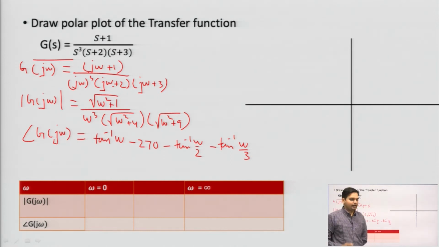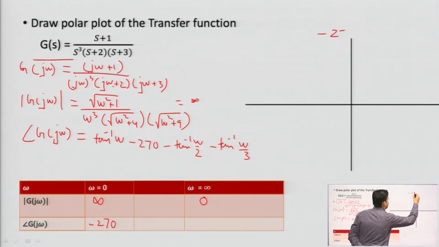Okay. So, again same operation, put 0 and infinity for mod and phase. When I put omega equal to 0 here, my mod would be infinity. When I put infinity, my magnitude would be 0. Okay. And for phase, if I put 0, my phase is minus 270, it means minus 270 is my starting point.